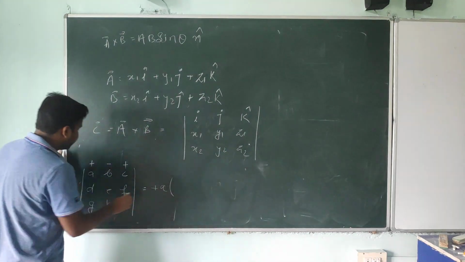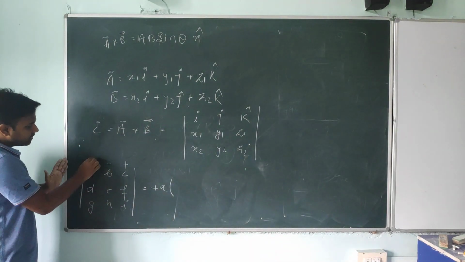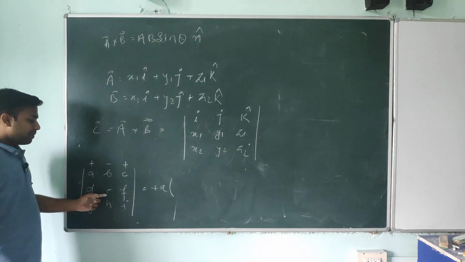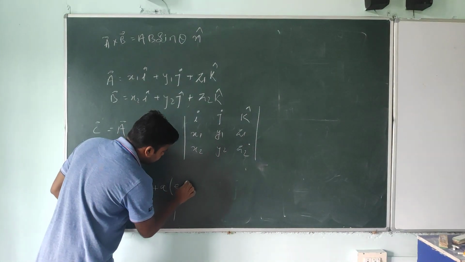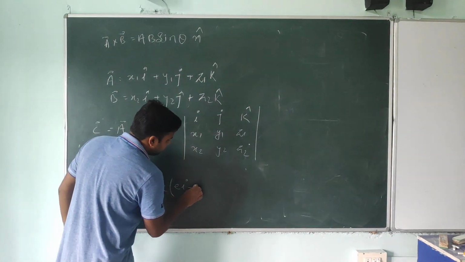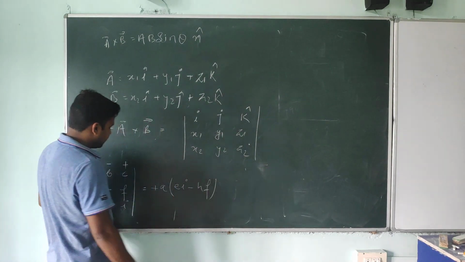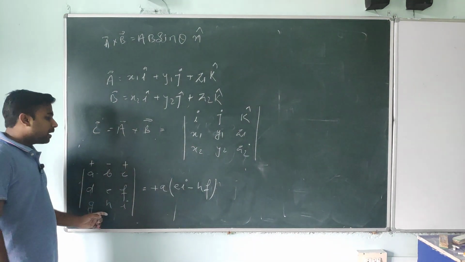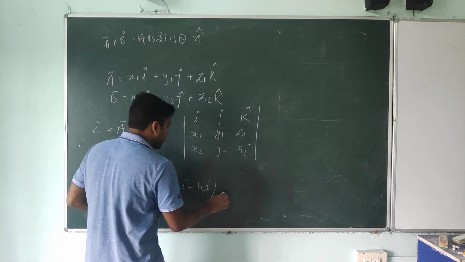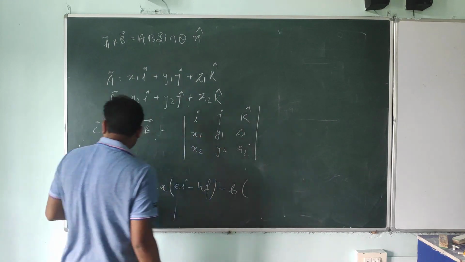Now you don't need to consider this row and this column. So here, e into i minus h into f, minus of b, and here now this one and this one you have to leave.